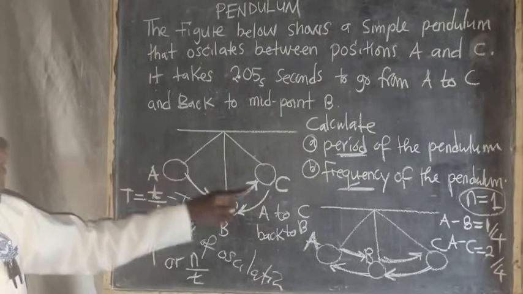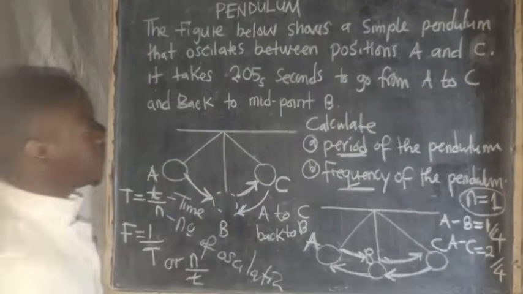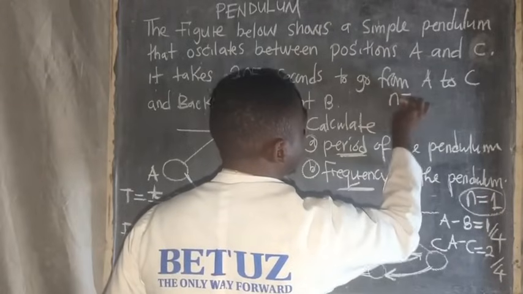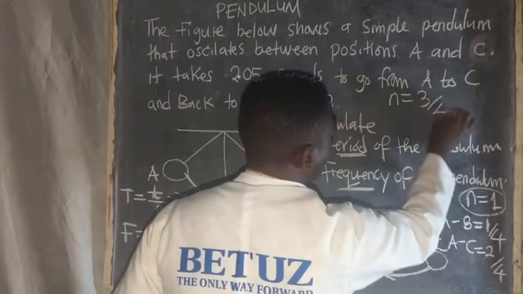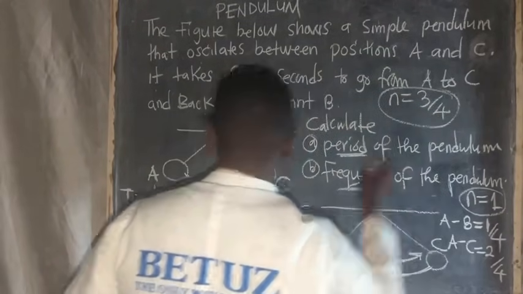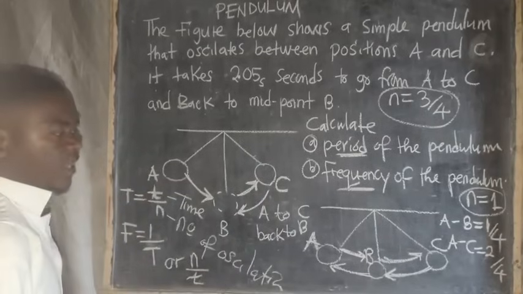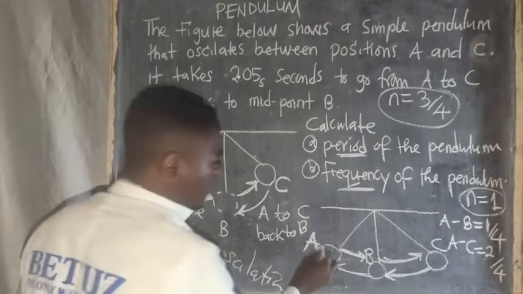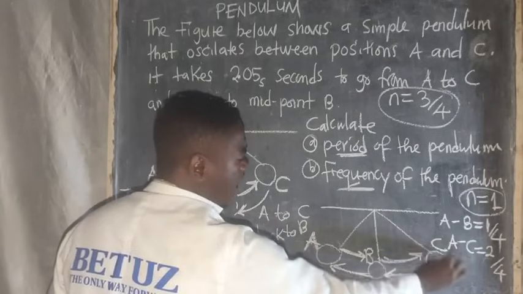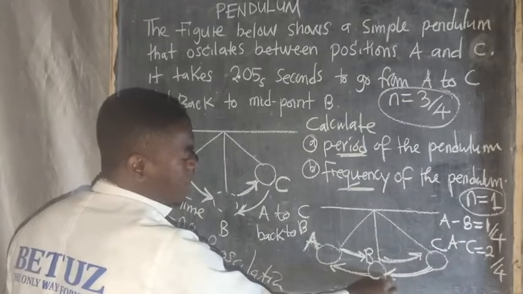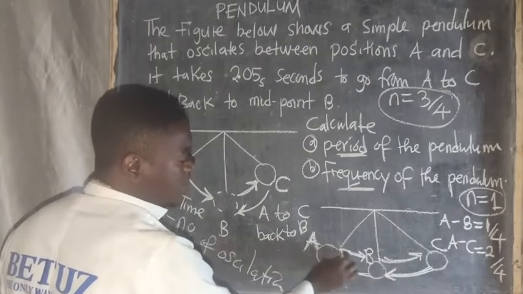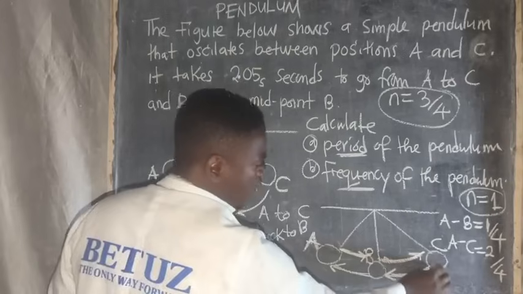So it is covering 3 slots there, meaning that n is equal to what? 3 over 4. This is the n we are going to use even on this particular question. So if it has moved from A to C and back to B, it means that 1, 2, 3.